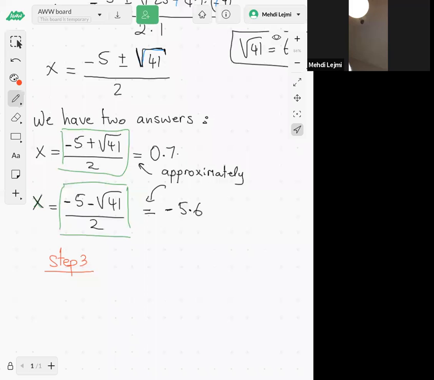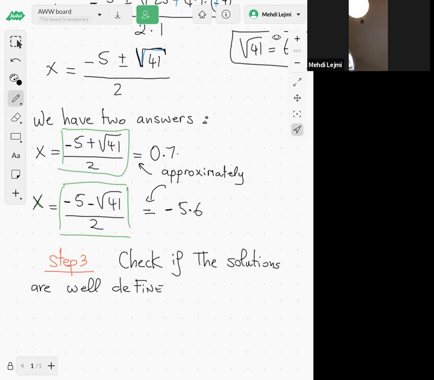we need to check if the solutions are actually well defined. Okay, so you might ask, what's the problem here?